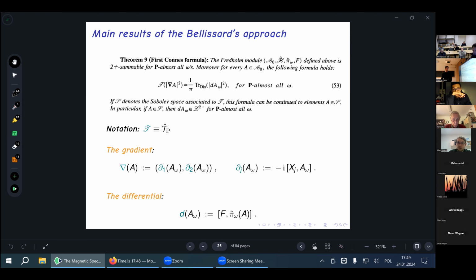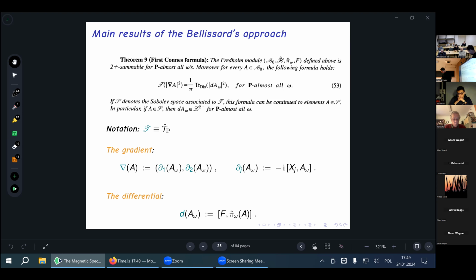For A omega, but I think that in this formula it is not put at the A because the trace per unit volume has an average on omega. Okay. And on the other side, I can compute the Dirichlet trace of the modulus square of the differential, and the two are linked.